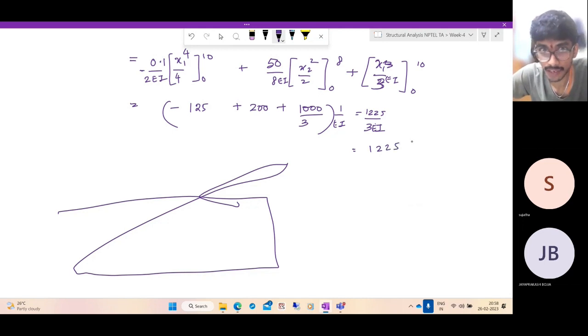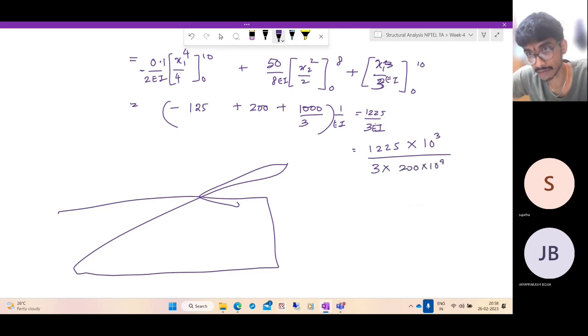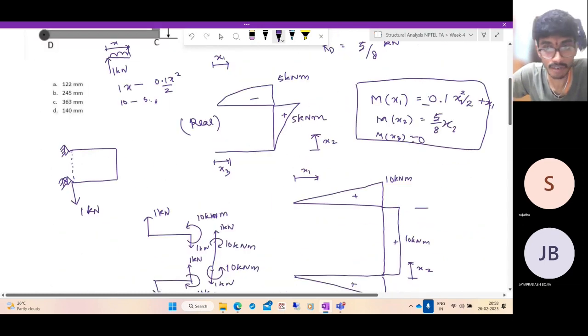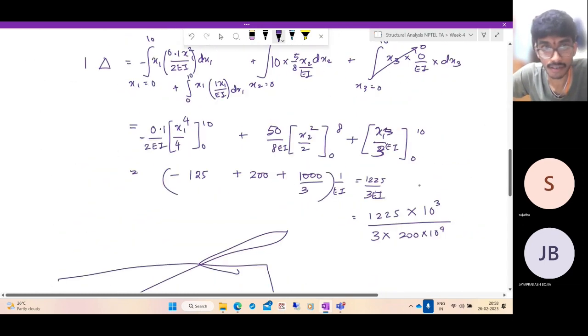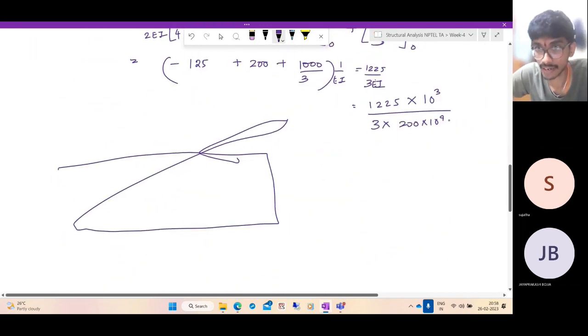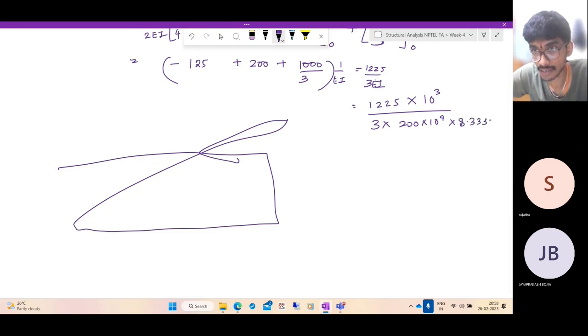1225. This is in kilonewton meter square. So it is kilonewton meter cubed into 10 power 3 divided by 3 into E, which is 200 into 10 power 9, and I is 8.33 into 10 power minus 6.